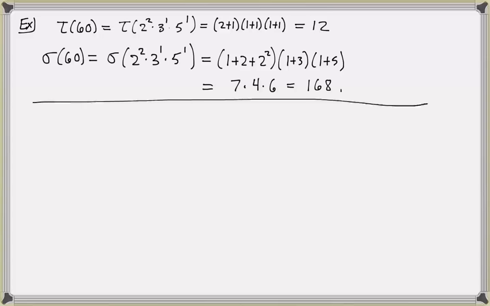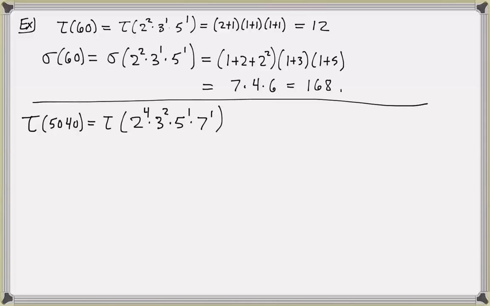Let's use a bigger natural number. Let's try tau of 5040. Well, the prime power decomposition of 5040 is 2 to the 4th times 3 squared times 5 times 7.